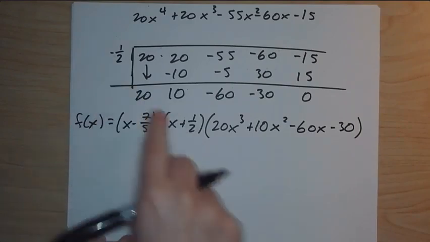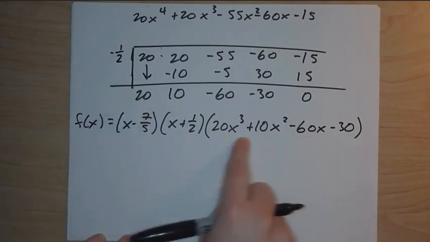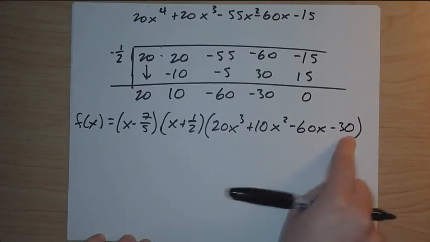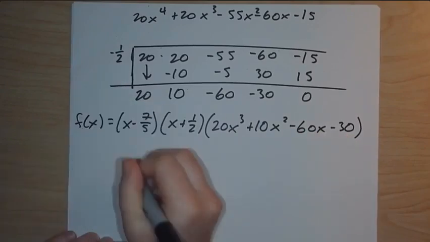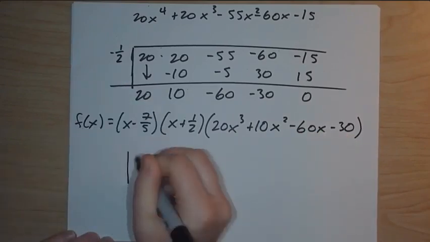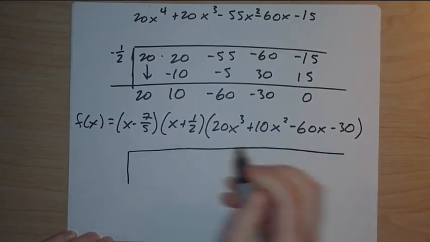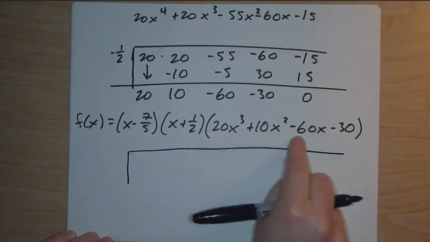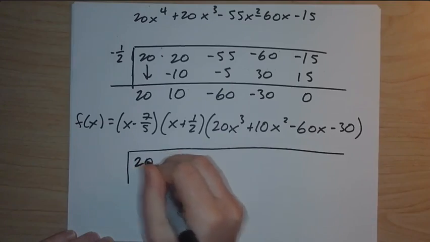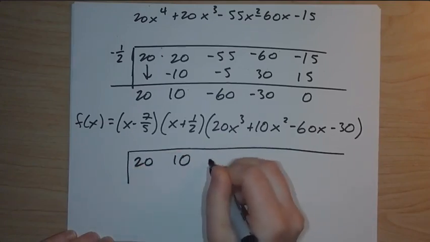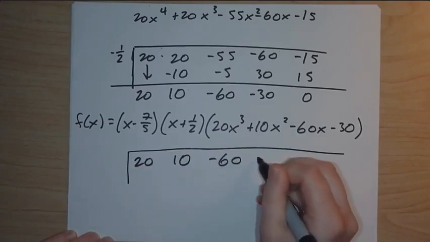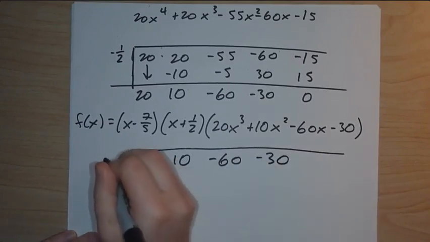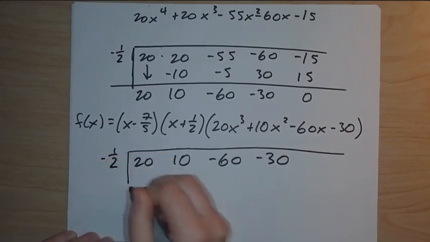We can take out -1/2 twice, so we're going to divide this polynomial using synthetic division by -1/2 again. So, doing the same thing, we're going to write the coefficients of this polynomial. We have 20, we have +10, we have -60, and we have -30. And we're dividing it by -1/2.